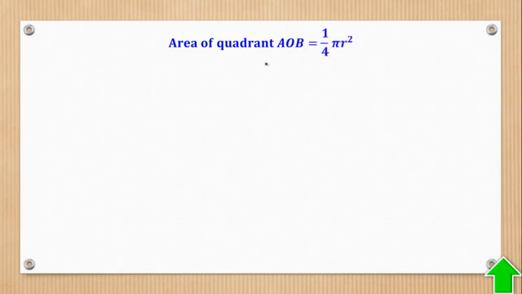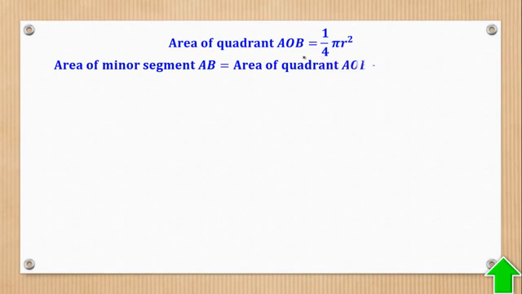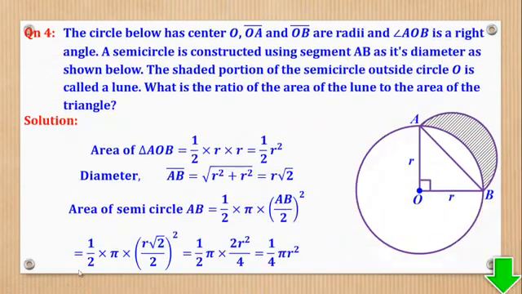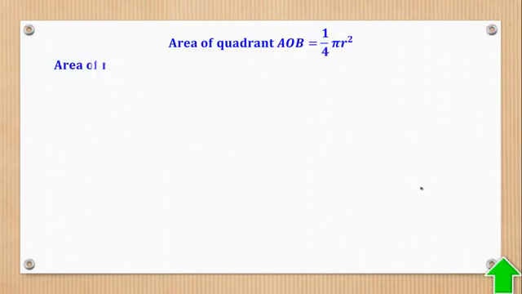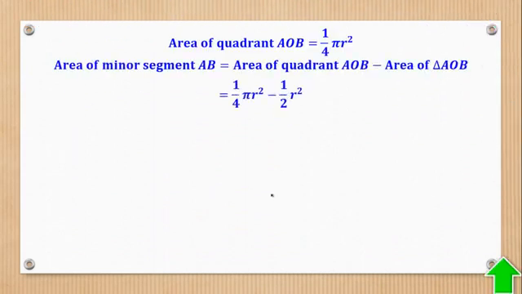Then also area of the quadrant AOB, a quarter pi r squared. Area of the minor segment AB is equal to area of quadrant minus area of triangle. Area of minor segment is this. So substitute, and that is it.